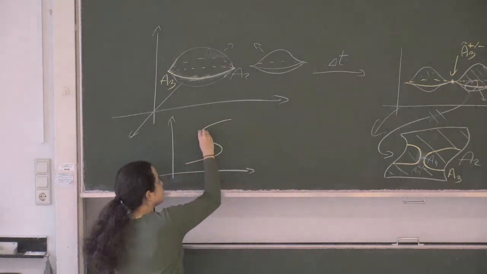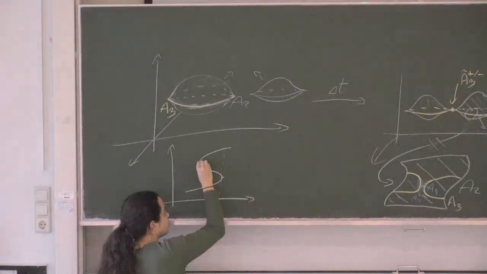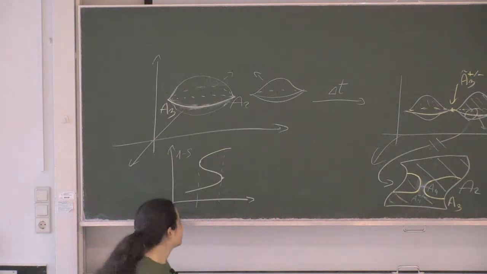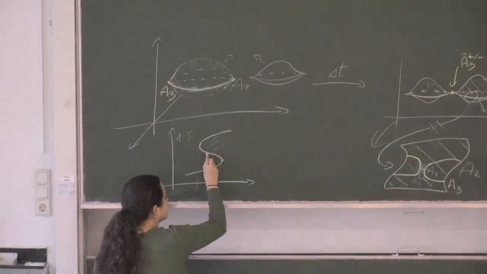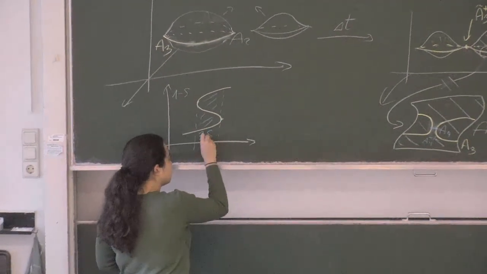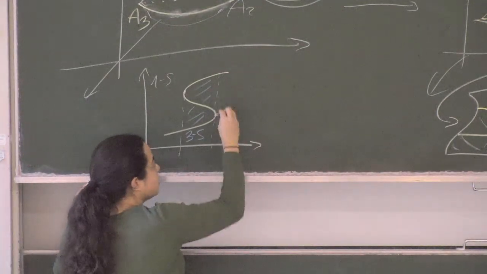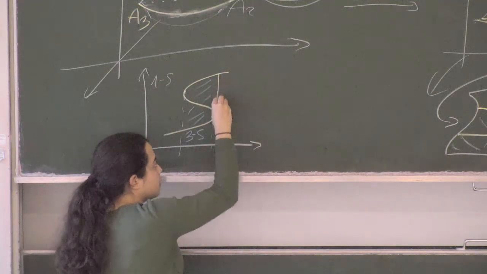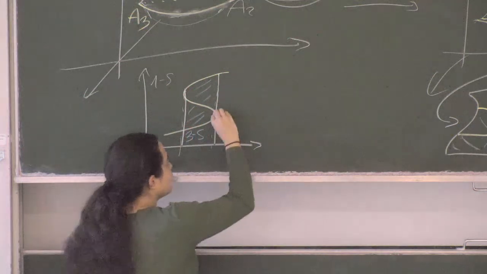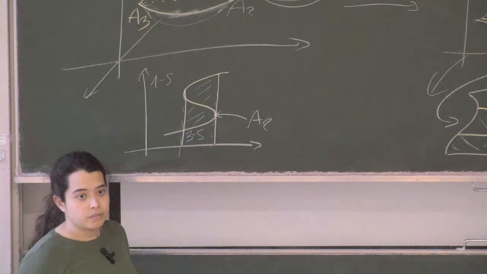So these are the boundaries. Here I have single stream. Inside of here, I have multi-stream, so something like 3 stream. These points here that mark the start and the end of this region, these are the A2 points.